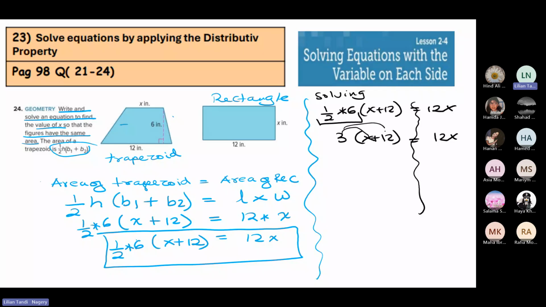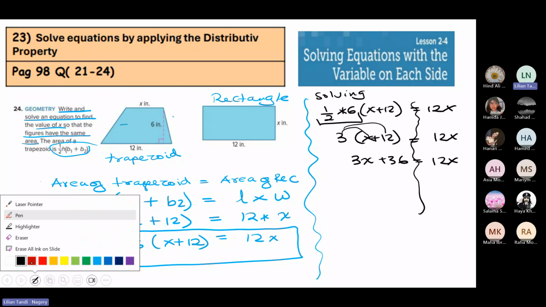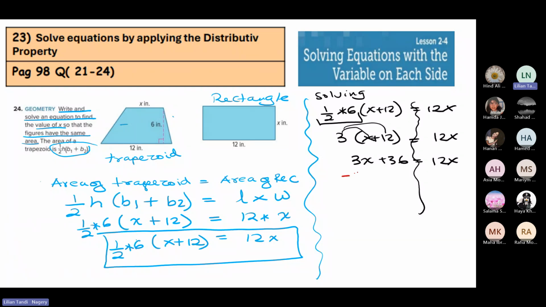Distributive property, 3x plus 36 equals 12x. I want my friends to be together. So 3x has to go to be with 12x. And because it is positive, it will become negative as it is moving towards 12x. So this goes away. I have 36 equals, how much is this?